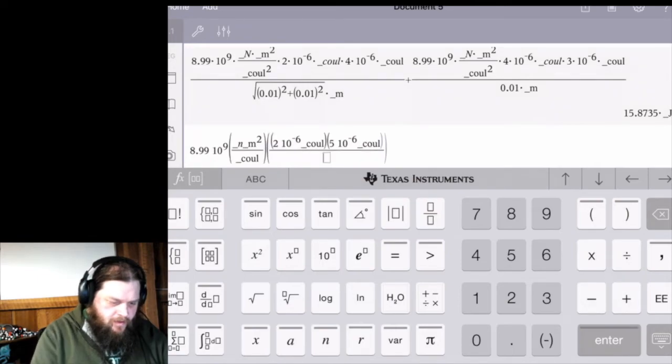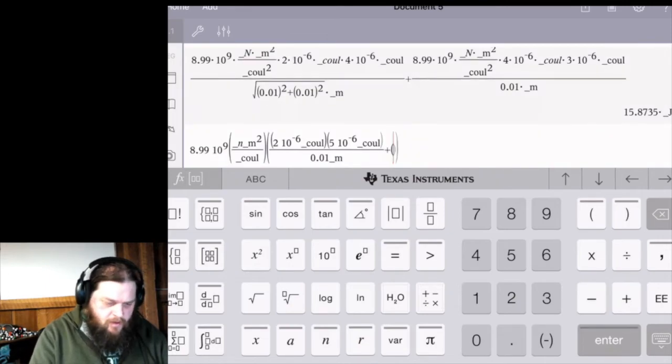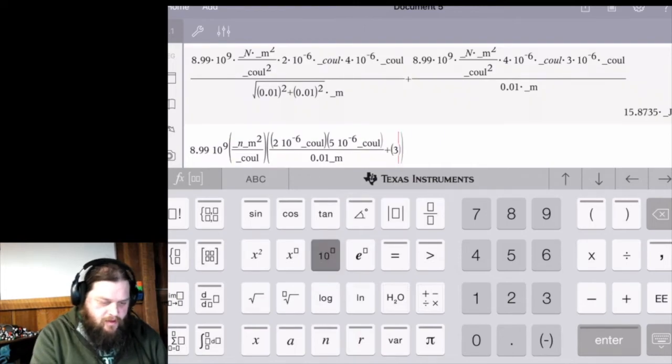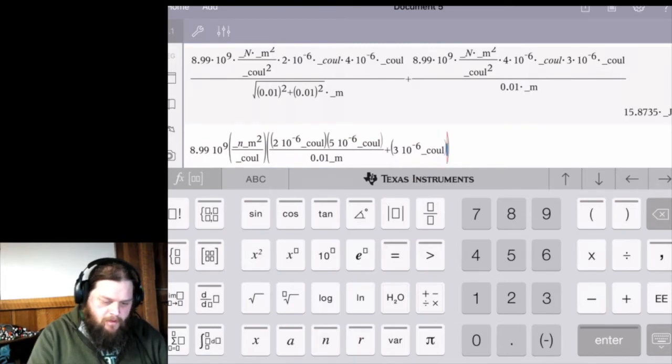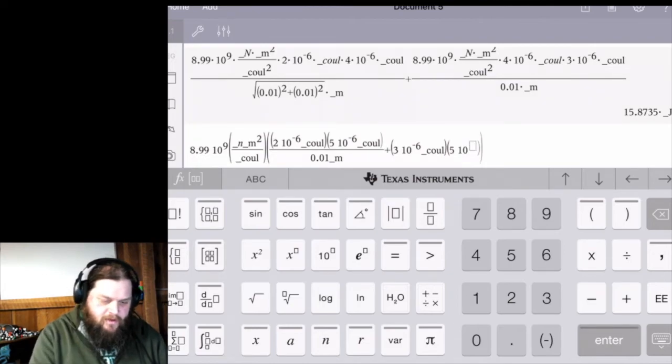I'm going to divide that by the distance between them, which is 0.01 meters. We're going to add to that here. This is charge 2 now, which is 3 times 10 to the negative 6 coulomb. I'm going to multiply that by 5 times 10 to the negative 6 coulomb.